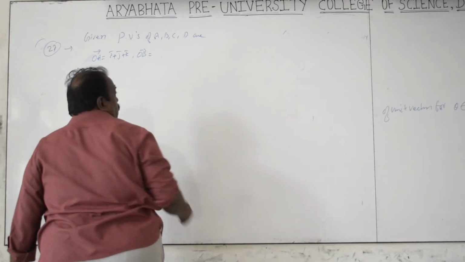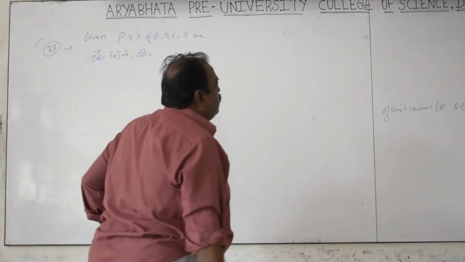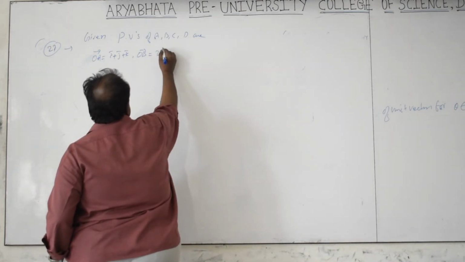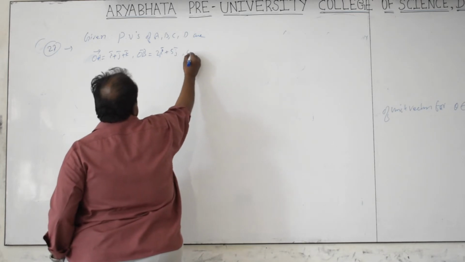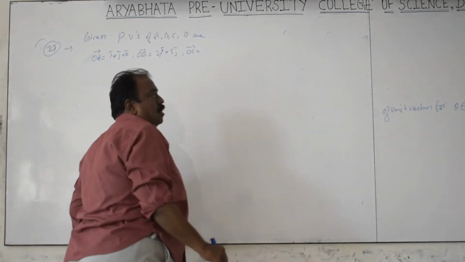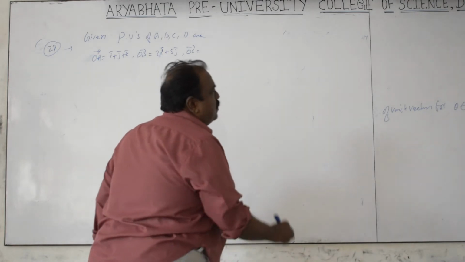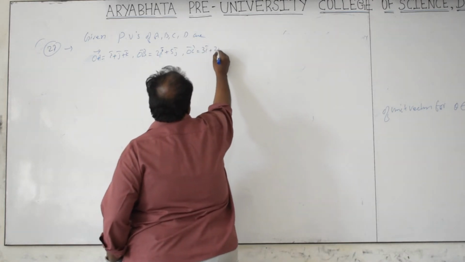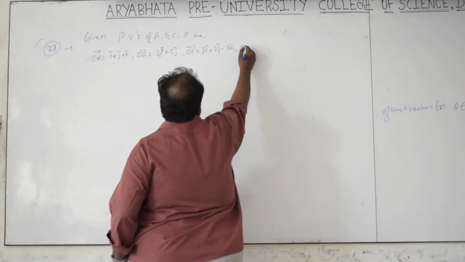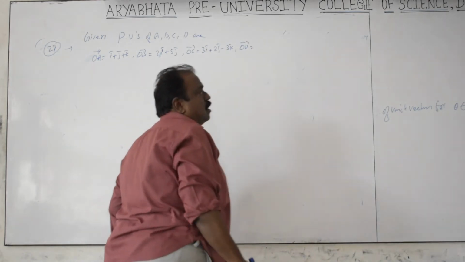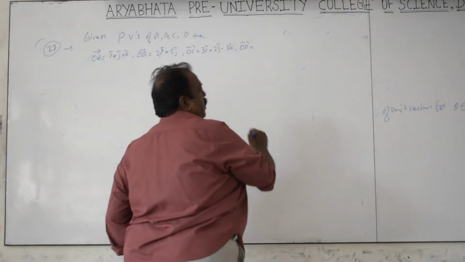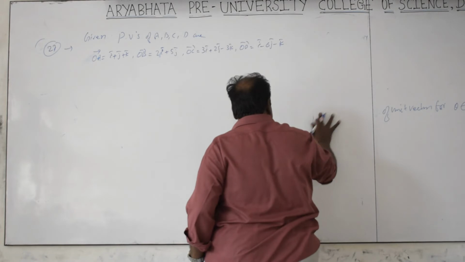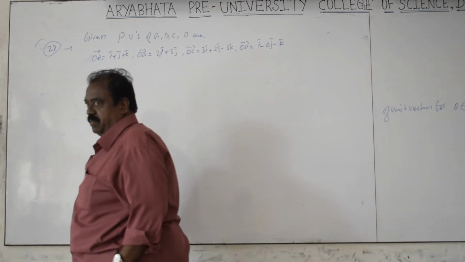B is 2i plus 5j. C is 3i plus 2j minus 3k. D is i minus 6j minus k. Okay, slowly answer. Very good concept.